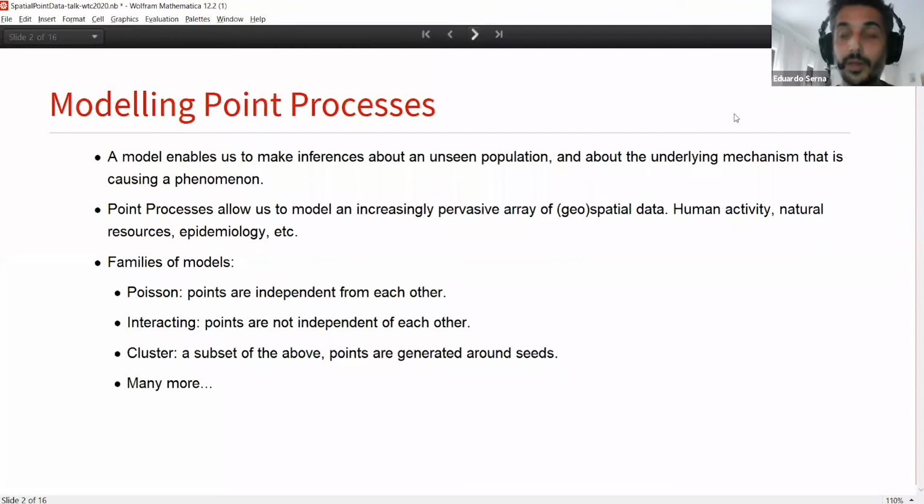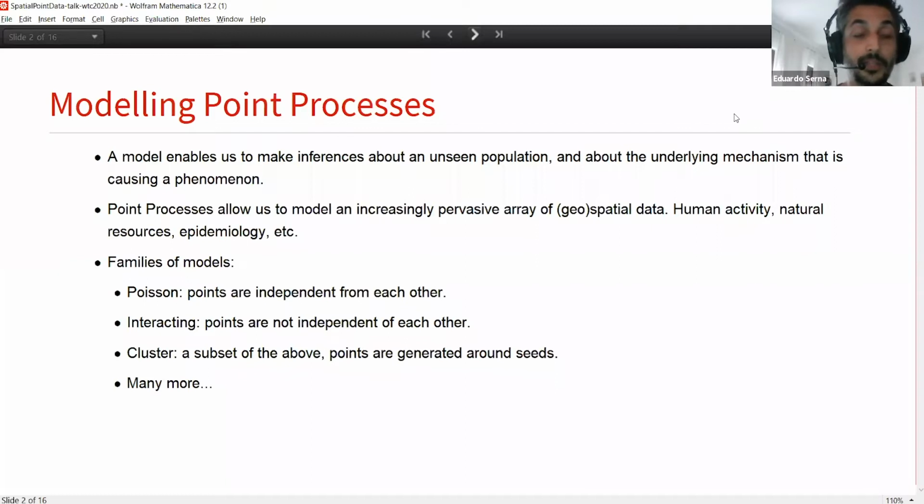First of all, I just want to motivate why we want to deal not just with data, but with processes. Processes allow us to really make inferences about the real world, an unseen population, or the underlying mechanism that is causing a phenomenon.